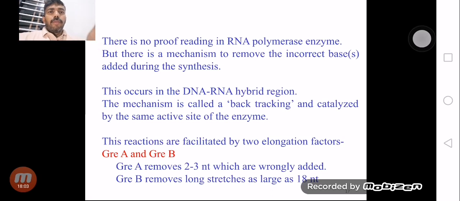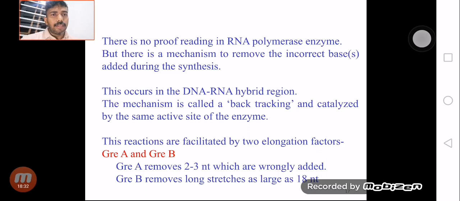And in the beginning we said there is no proofreading for the polymerase enzyme, but still you can see a correction mechanism in bacterial RNA polymerase enzyme, and this correction is done by the same enzyme's active site. That means the RNA polymerase active site itself will do the correction process also. So the correction is what we technically call backtracking.